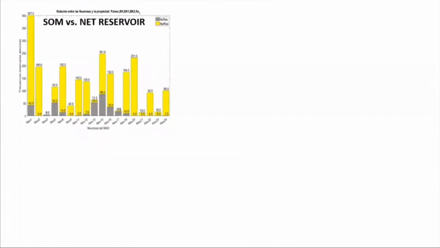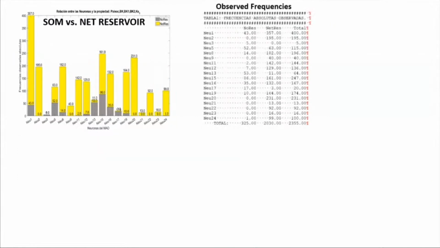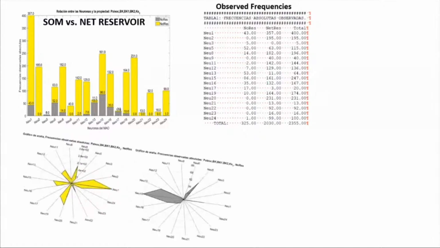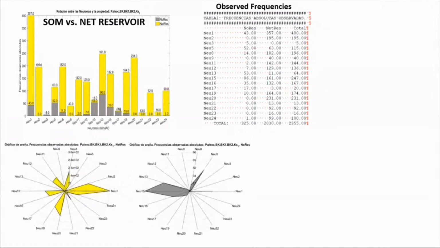With the same data from the contingency table for net reservoir and the SOM, we build radar or spider charts. So you can see if the observed frequencies on the SOM neurons are scoring high or low within the net reservoir and no reservoir properties or categories.